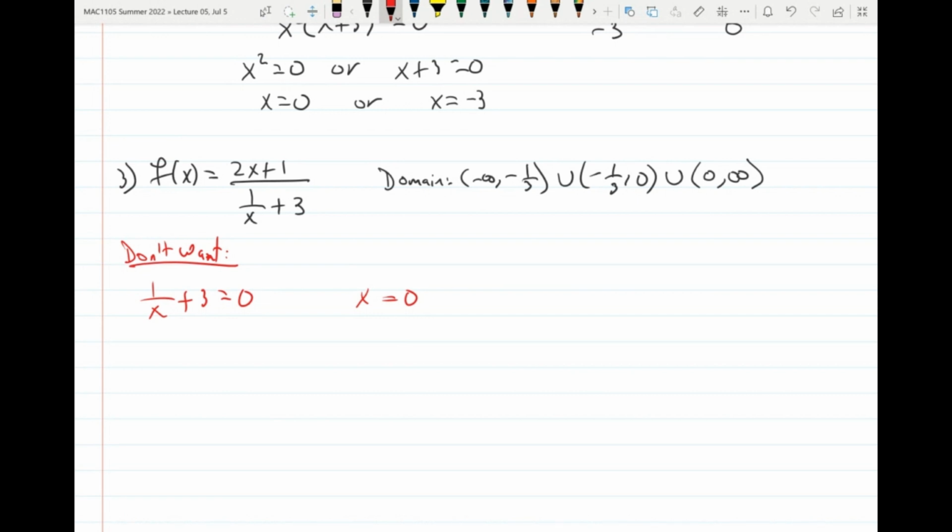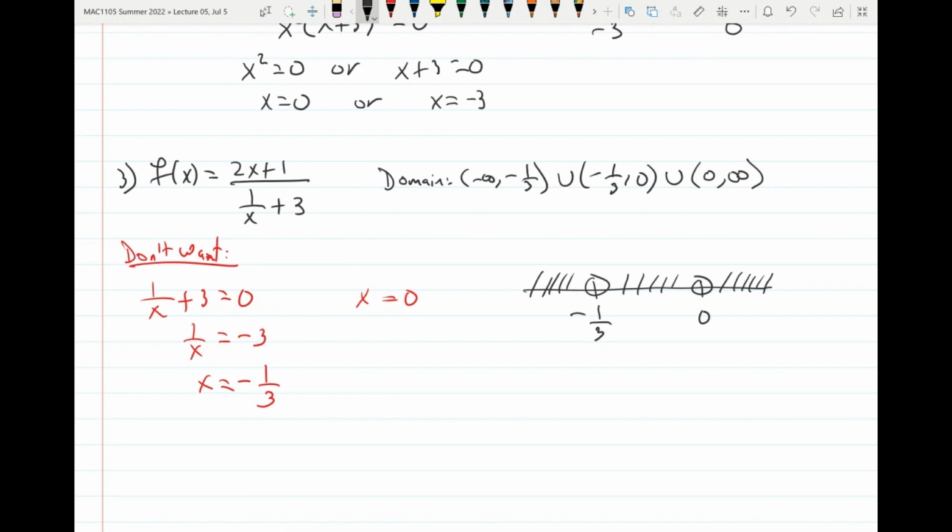This one is already what it is. So now you solve it, and we get negative 1/3. So anything other than 0 and negative 1/3 is okay. We just need to skip these two. So the picture for the domain would be negative 1 over 3, here is 0, open circles for these two, and then everything else is green light.